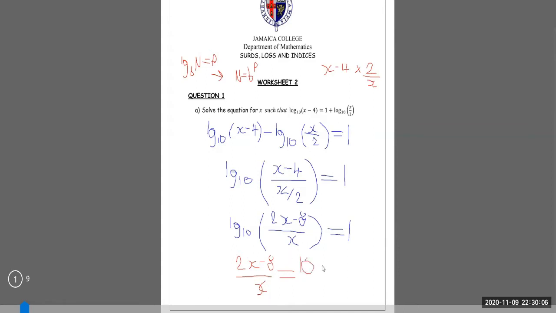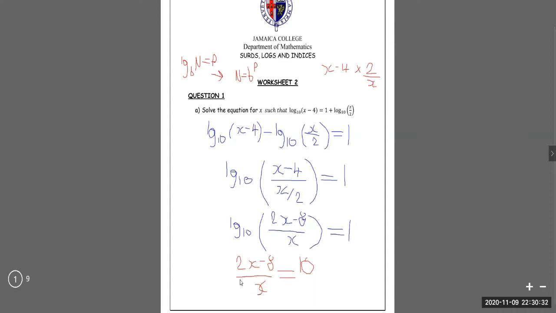All right, so I used up too much space, so we'll have to do a little squeezing. So now, right here, we can just go ahead and cross multiply, right? Yes, sir. So I'm going to take off the x right here, just so we don't use much space. So I'm going to write that 2x minus 8 is equal to 10x.